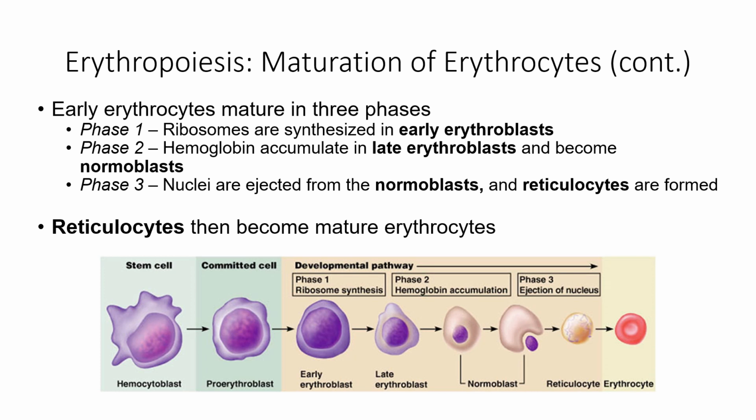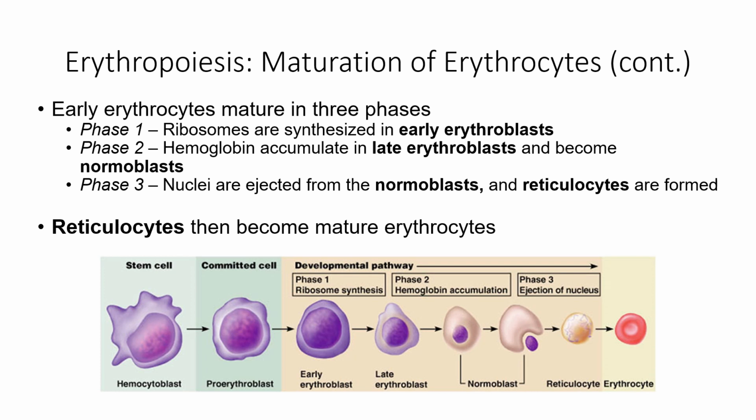The first phase is that we will get increased ribosome synthesis. What are ribosomes used for? Ribosomes are used for protein synthesis. So the ribosomes are synthesized in excessive amounts. We get lots and lots of ribosome production. And the ribosomes will help make the polypeptide chains or globulins of hemoglobin.